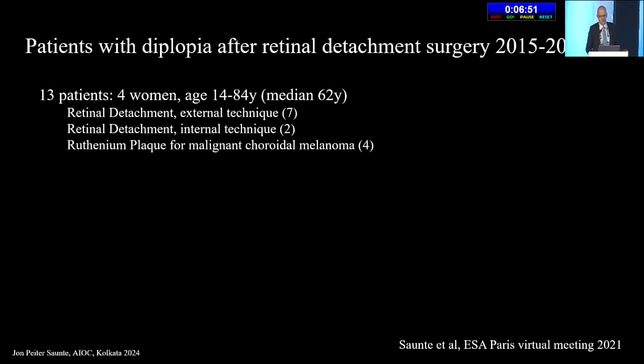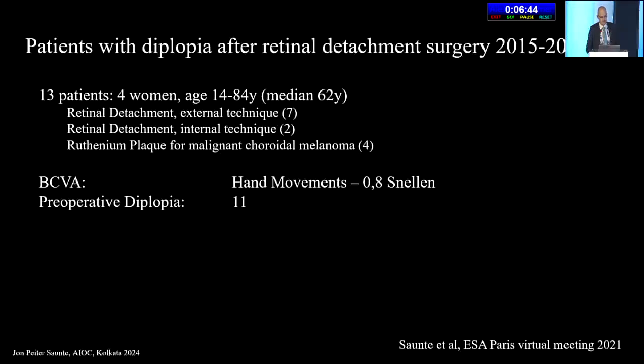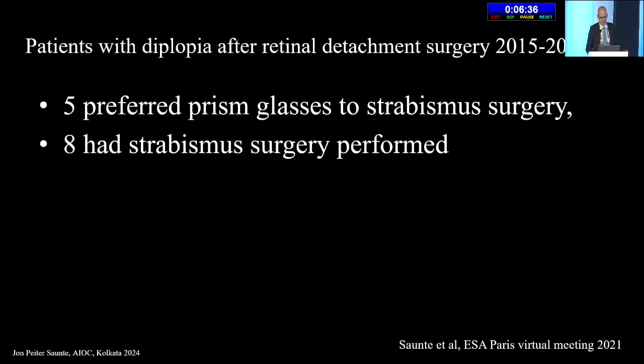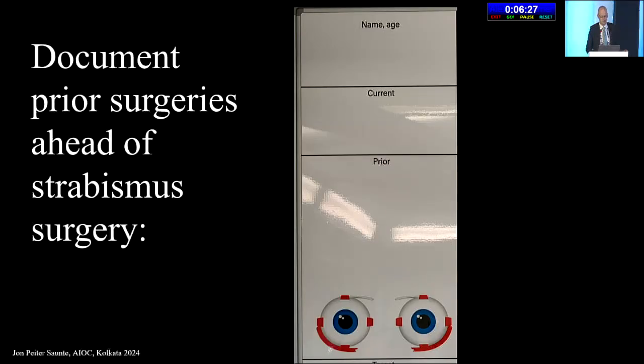We tried to look at this in our clinic in Copenhagen a few years ago and found 13 patients we wanted to help. All of them had quite nice vision, and 3 of the patients had torsional diplopia, all kinds of deviations. We tried to look at how can we help them, and 5 of them were happy with just prisms, but 8 went on to have strabismus surgery performed.